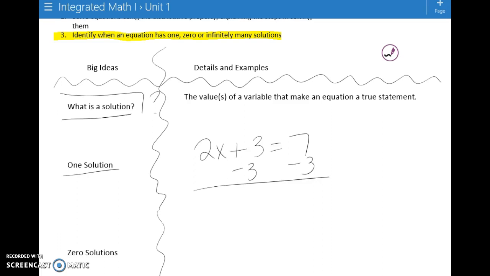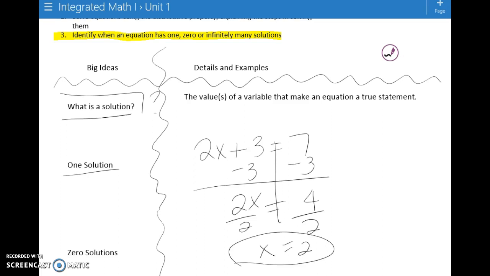We can subtract 3 on both sides. We'll get 2x equals 4. Divide by 2, x equals 2. So we found that it has a solution. Notice I have a variable and one value for the variable, or one thing that the variable equals. That's how we know this has one solution.